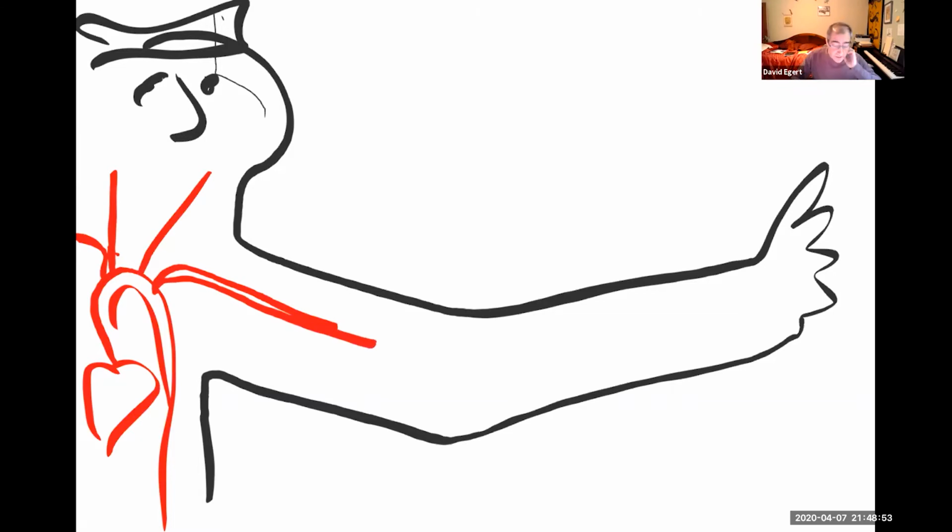All right, so we saw that the left subclavian, and this is going to be mirrored on the other side as well. The right subclavian goes into the right axillary, and then we go into basically the brachial artery.